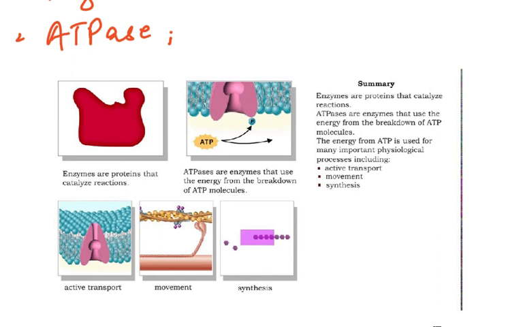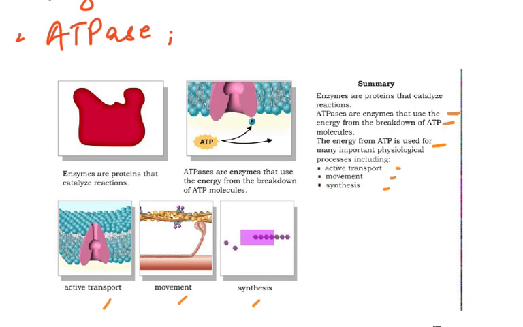Enzymes are proteins that catalyze reactions. ATPases are enzymes that use the energy from the breakdown of ATP molecules. The energy from ATP is used for many important physiological processes, including active transport, movement, and synthesis. So, active transport, movement, and synthesis.